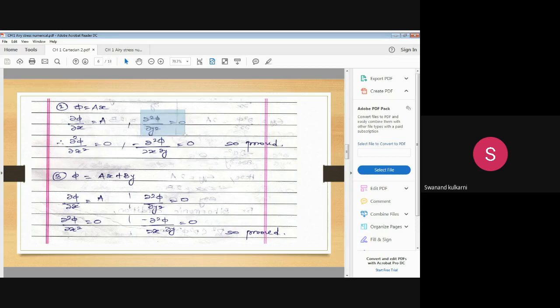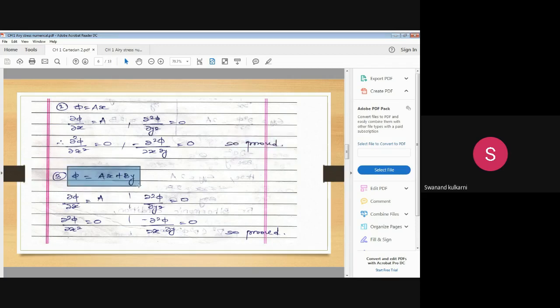So ∂²φ/∂y² is equal to 0, that is σxx is equal to 0. ∂²φ/∂x² is equal to 0, that is σyy is equal to 0. And minus ∂²φ/∂x∂y, that means σxy is equal to 0. So for the second case also, that has been proved.